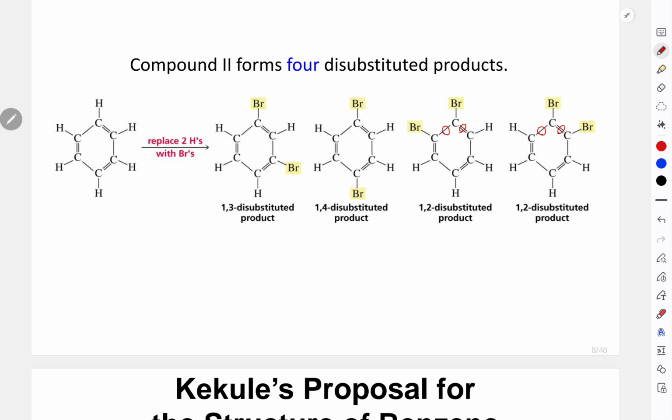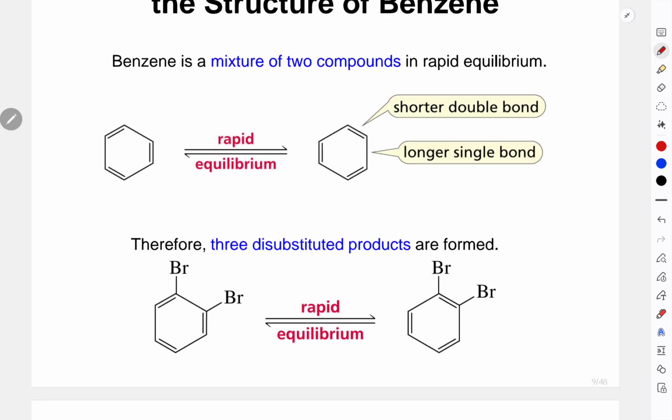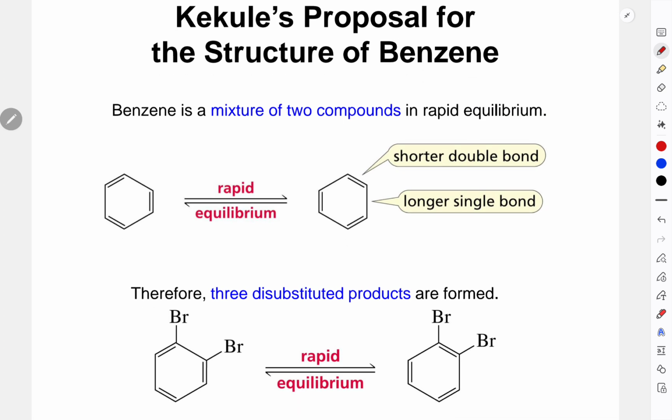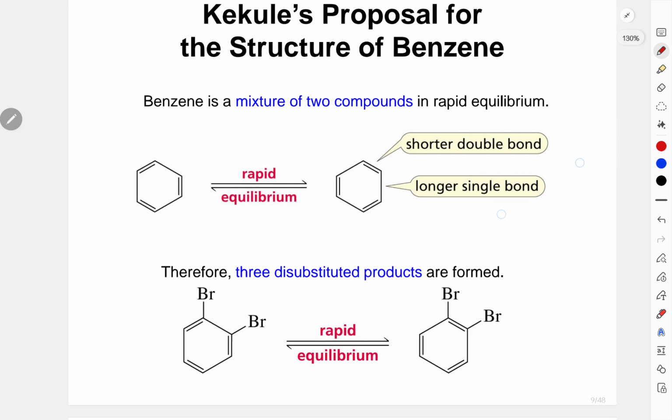If this is right, then you can treat these two as being in rapid equilibrium, and you may get only three products, because these structures are in an equilibrium, so you can count them as one. That was the initial proposal made by Kekulé.